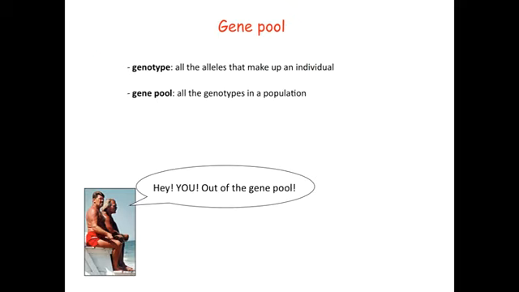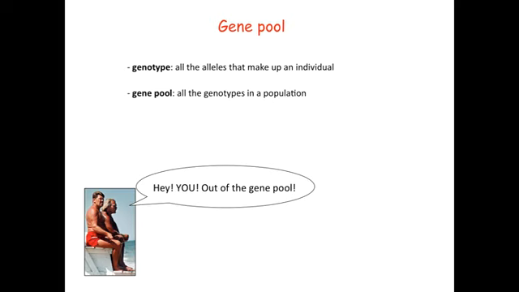All right, here's a pair of terms that we need to think about for this part of our class: what we mean by an individual's genotype, and what we mean by gene pool. When we talk about a genotype, we're talking about all of the alleles that make up an individual. If you think about it, all members of the same species have the same genes, but we vary in the alleles that we have for those genes.